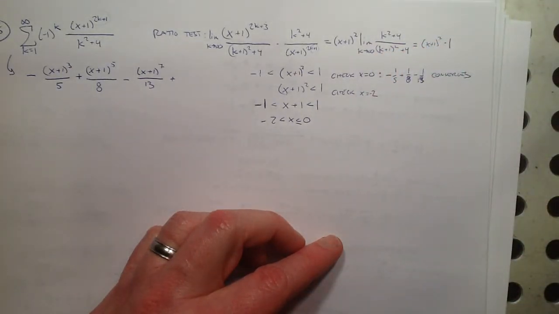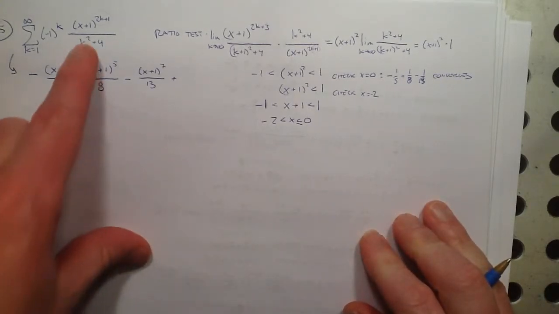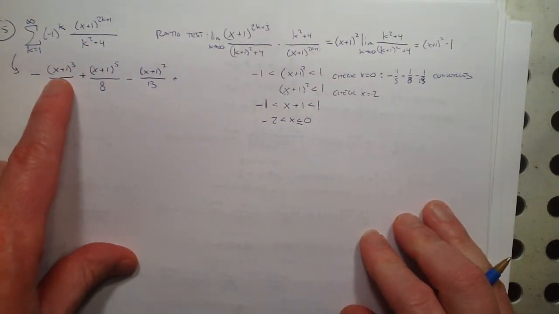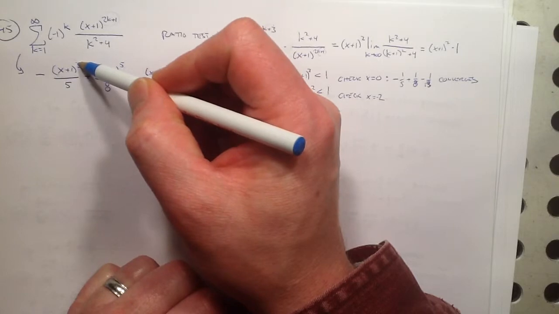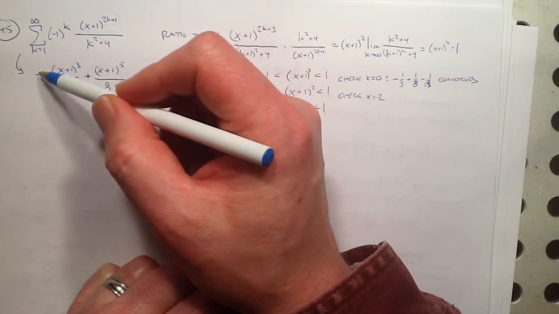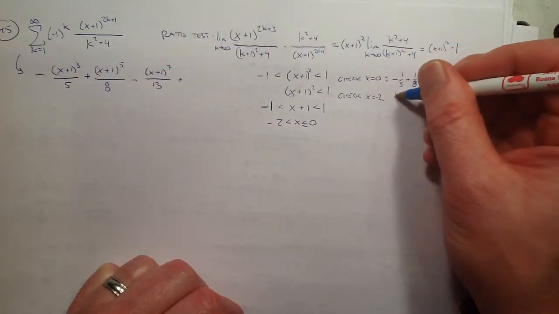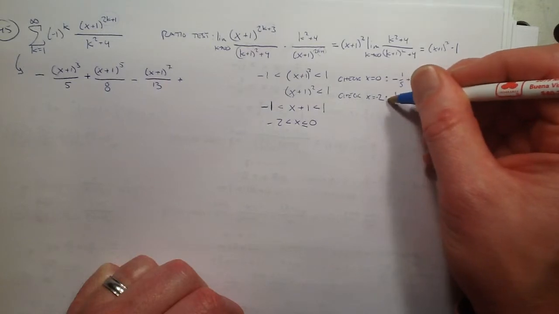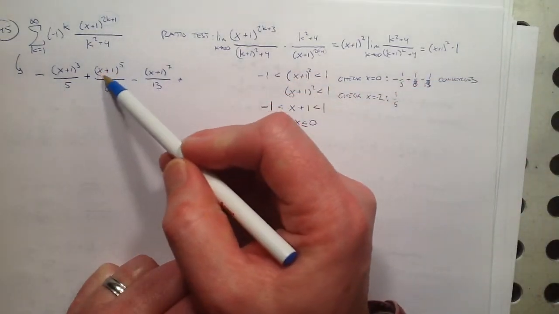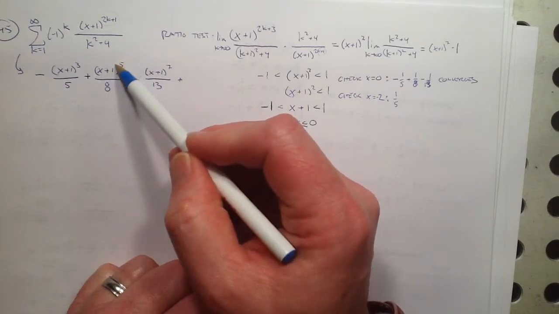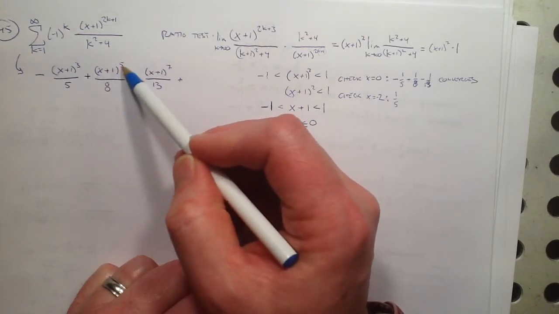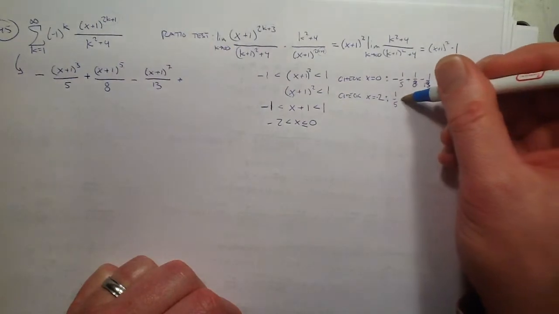Then I check x equals negative 2. When I plug negative 2 in, every one of these is going to turn into a negative 1. Negative 2 plus 1 is negative 1. So when I cube negative 1, I get a negative, which makes this positive 1/5. When I raise negative 1 to the 5th power, that makes negative, so that's going to be negative.